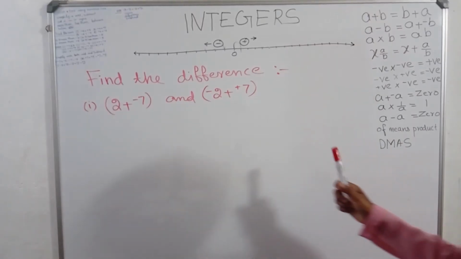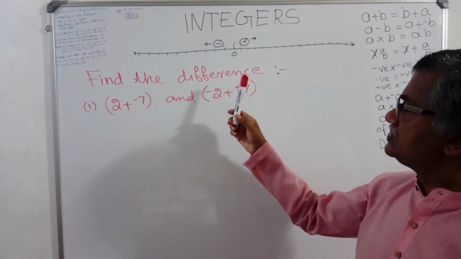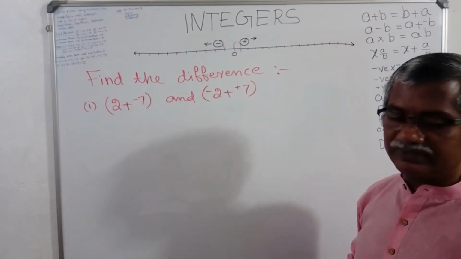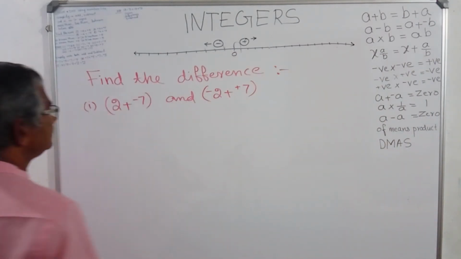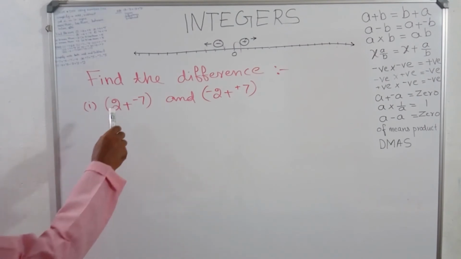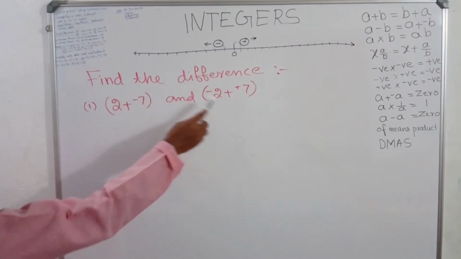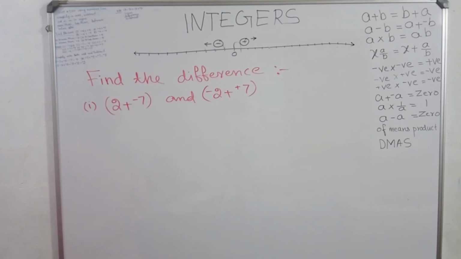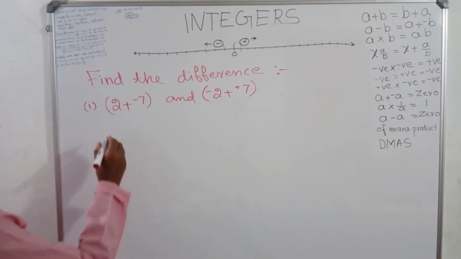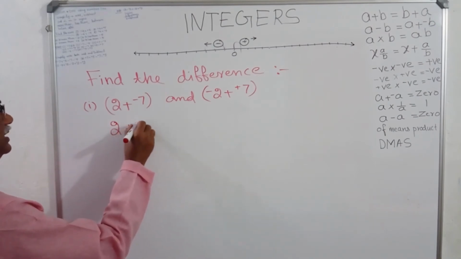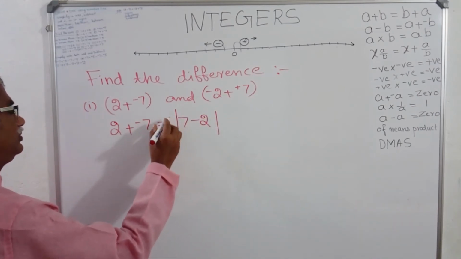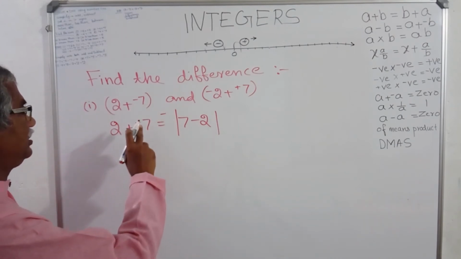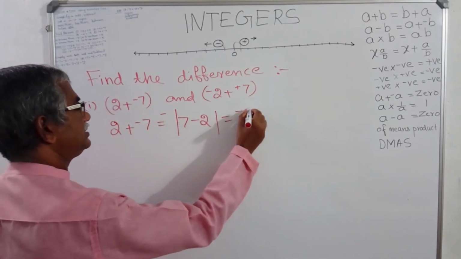We have to learn the idea of difference in integers with the negative and positive integers. Let us think. We need to find the answer of both terms, or simply saying we can simplify both separately. 2 plus negative 7: take the difference, put the sign of the larger absolute, you are getting negative 5.